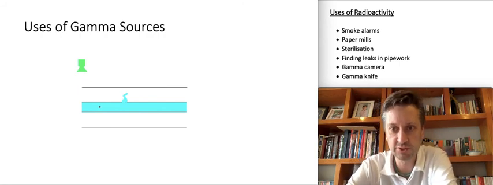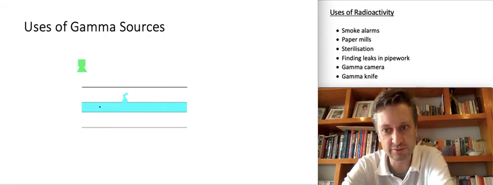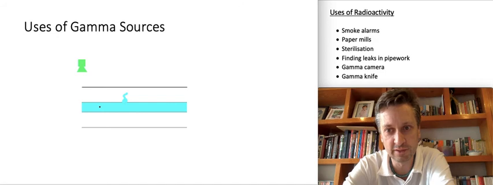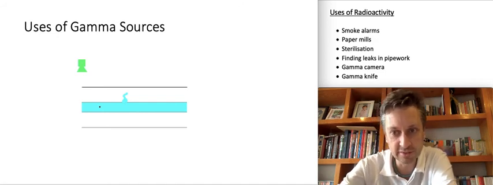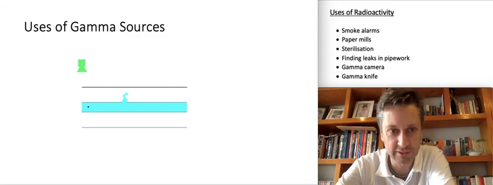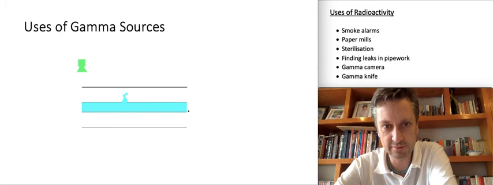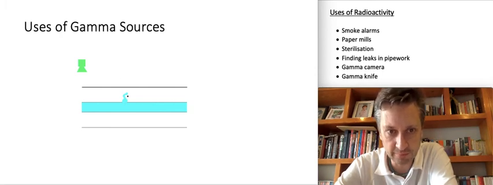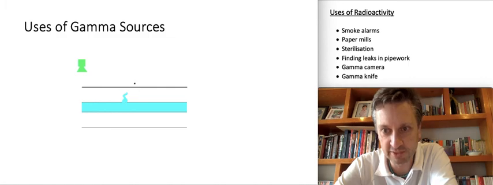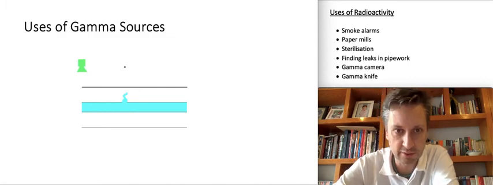You'd usually use a very, very short half-life gamma source, possibly hours, days, depending on how long you've got to try and detect this leak. All of this liquid has gamma source in it. It's emitting gamma radiation. But here where the leak is, there's much more gamma radiation being emitted towards the surface because the leak is close to the surface.